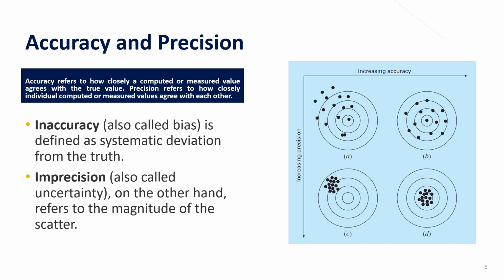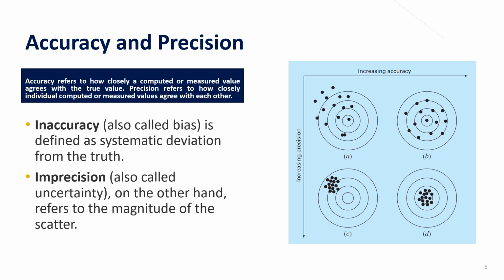A common way to represent the difference between accuracy and precision is through the use of target diagrams. In these diagrams, each point represents a single measurement, and the distance from each point to the center represents the deviation of the measurement from the average of all measurements.